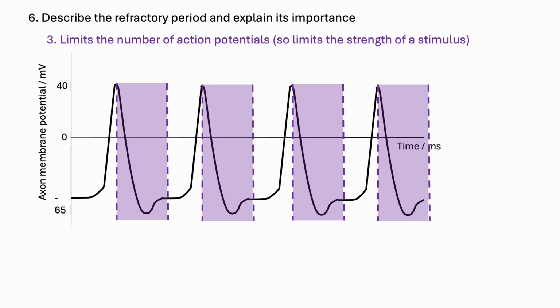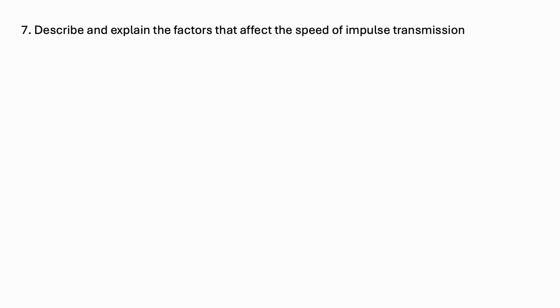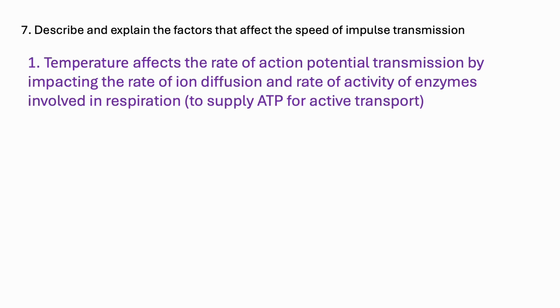Okay, and finally to question 7. So you should know 3 factors that affect the speed of impulse transmission, and they are, obviously, temperature. You should always be thinking about kinetic energy.